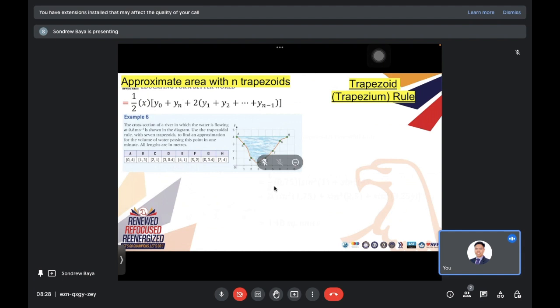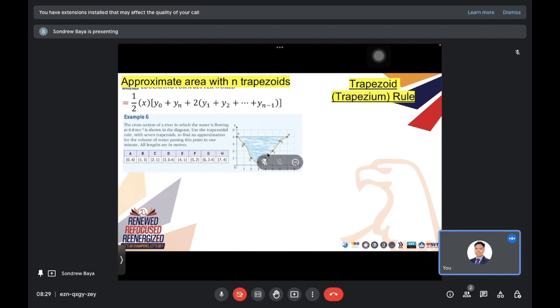And from the graph, we know that the boundary is from 0 to 7. So we could already find their heights. The width of the trapezoid that we're going to make will just be 7 minus 0 divided by 7 trapezoids, which is just equal to 1 unit. So plan it out. How do you find this particular area here?